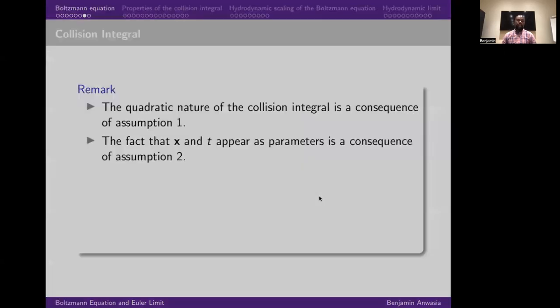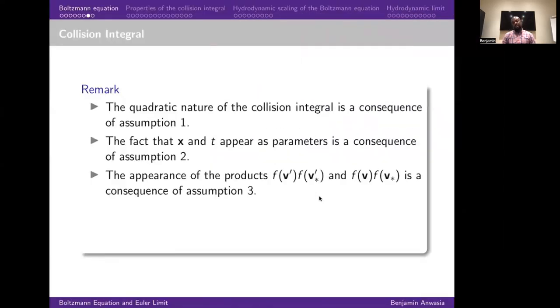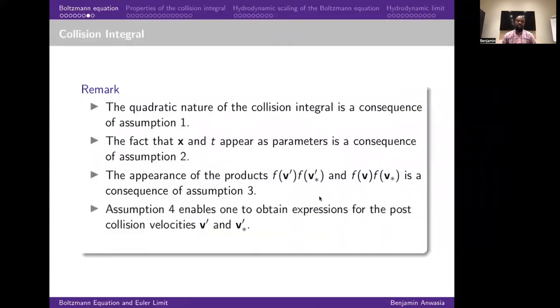3, the appearance of the products f of v prime times f of v star prime and f of v times f of v star is the consequence of Boltzmann's chaos assumption. 4, the assumption of elastic collisions between the molecules results in the formulas for the post-collision velocities.